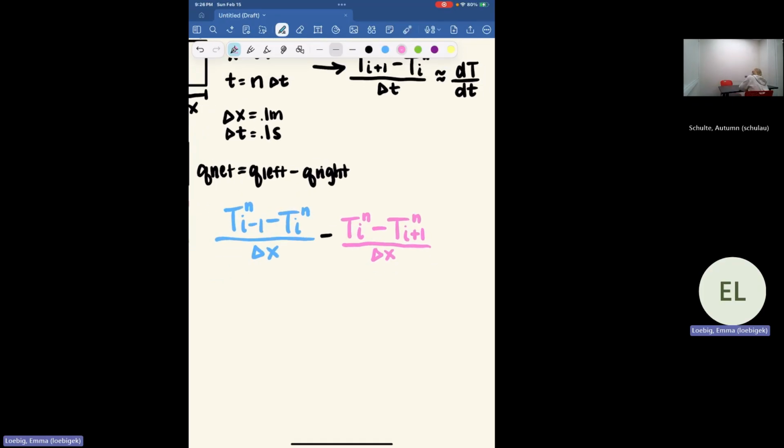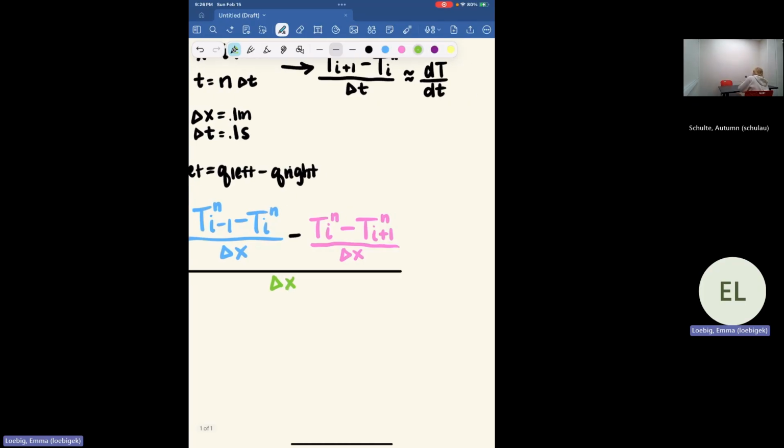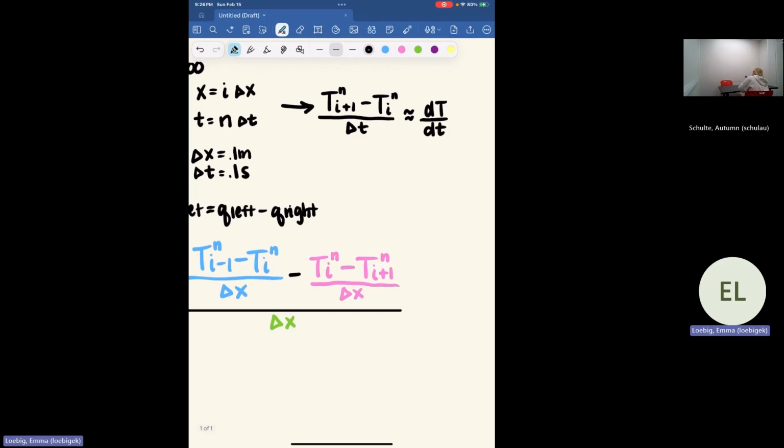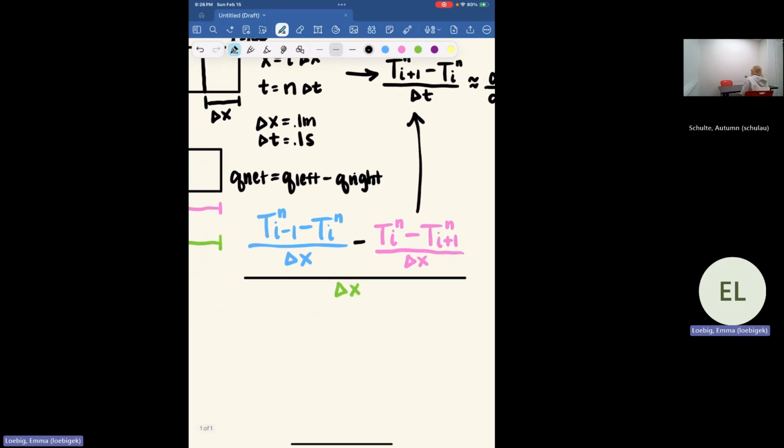And this is going to be divided by our overall change in position, delta x. And this is equal to the left side of our equation multiplied by alpha.